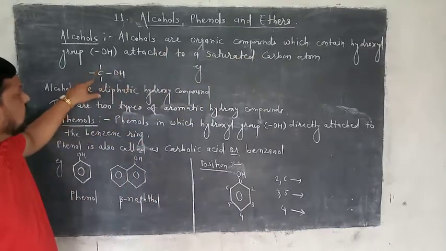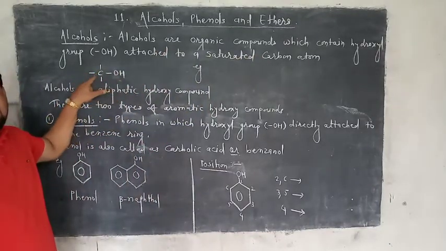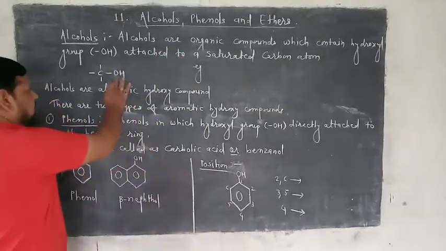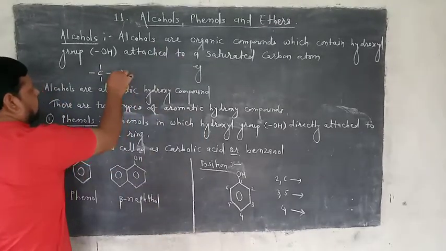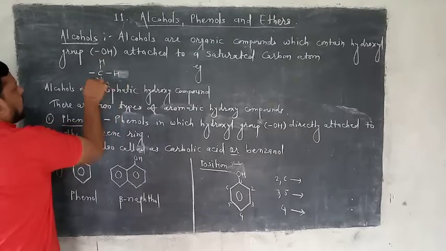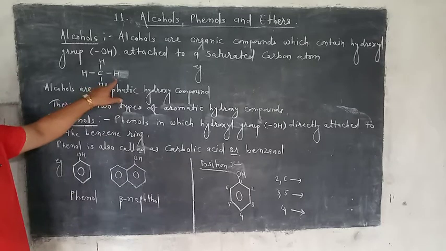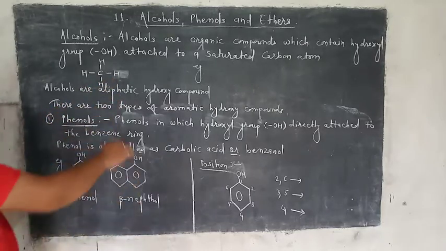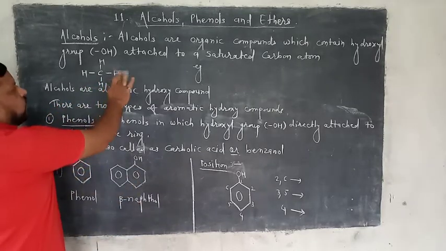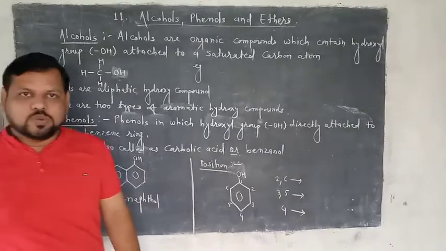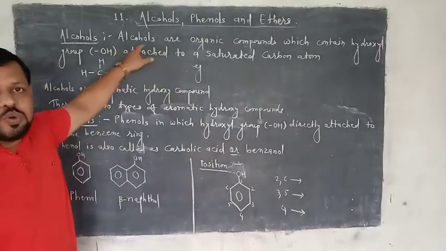Saturated carbon atoms are those carbon atoms in which the carbon atom is attached to 4 hydrogen atoms in this way. From this alkane or saturated hydrocarbon, one of the hydrogen atoms is replaced by a hydroxyl group and it forms the alcohols.